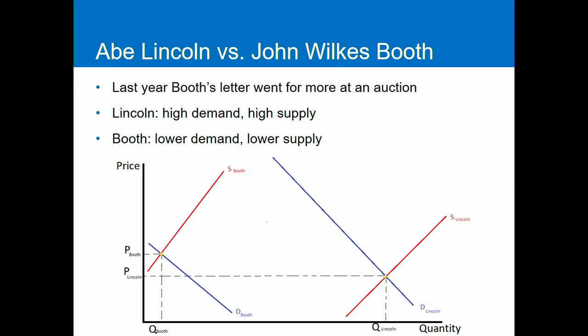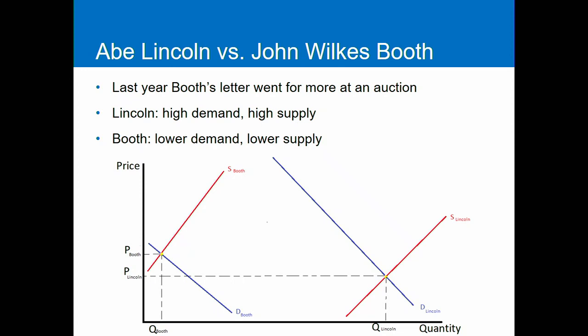So Lincoln, being president, wrote a ton. A ton of people had letters from him. So the supply curve for Lincoln is way out here. Booth wrote obviously some letters, but not that many. Not that many people kept them because he was just some stage actor. His supply curve is far to the left of Lincoln's.